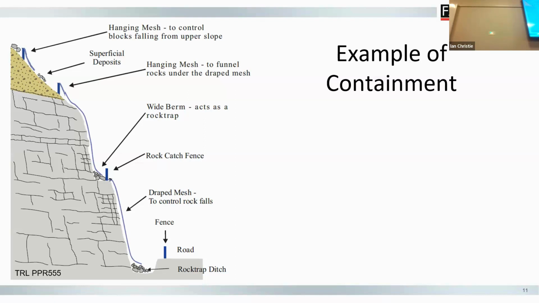Catch fences would be designed at a height and position such that any falling material can be kept behind the fence. The main thing with containment is you do need to have space, and that can often be the controlling factor between whether you can use containment or whether you need to strengthen your hazards.